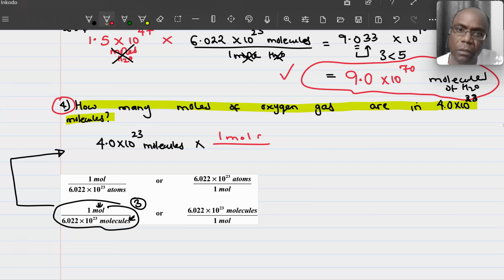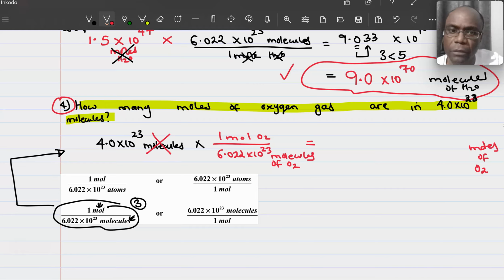I'm going to add the mole of oxygen relating it to the Avogadro's number relationship, which gives me the Avogadro number of molecules of oxygen, my answer will definitely read moles of oxygen. Why? Because the molecules and the molecules will cancel. This unit will stay. So now let me punch in the numbers and see what I get.